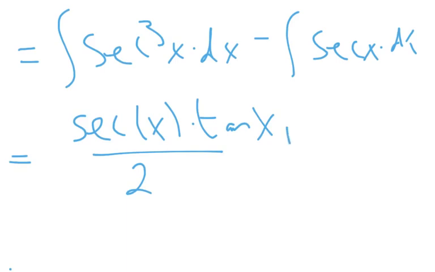And then on the right hand side n minus 2 again, which is 1 over n minus 1, which is 2, and then the integral of secant of x dx.